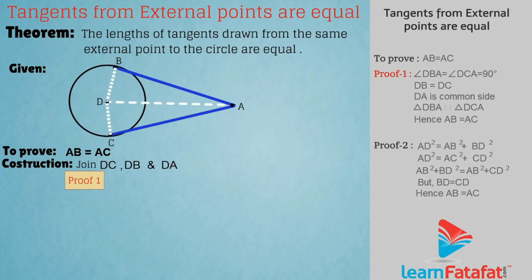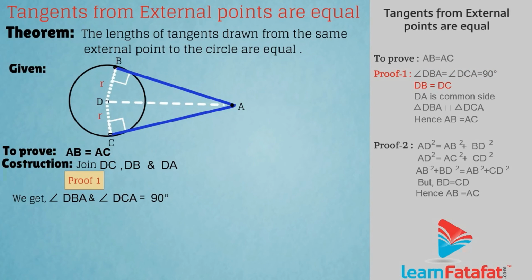Proof 1. By joining DC and DB, we get two angles, angle DBA and angle DCA. Since these are the angle made by tangents to the radii, hence these are right angles, that is 90-degree angles.